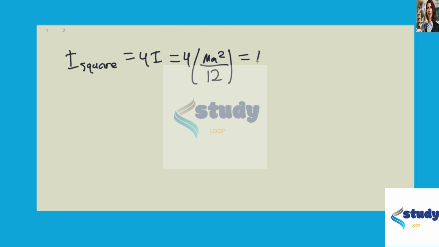And at this point, we can say that the moment of inertia through the center of the square is simply going to be equal to 4I, because we have 4 sides. So we have 4 times Ma squared over 12, and this is going to be Ma squared over 3. So this will be the moment of inertia of the square that we're trying to find.